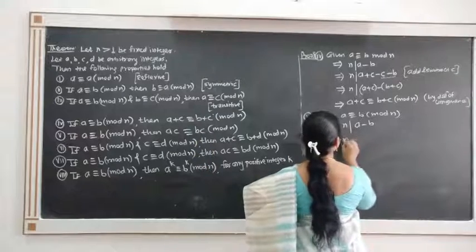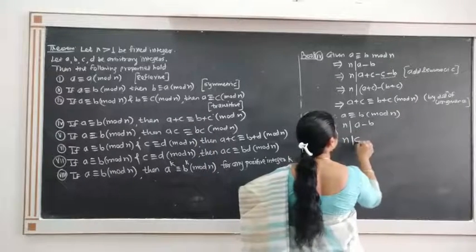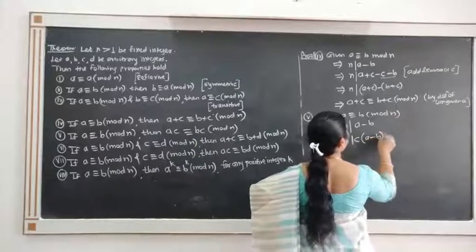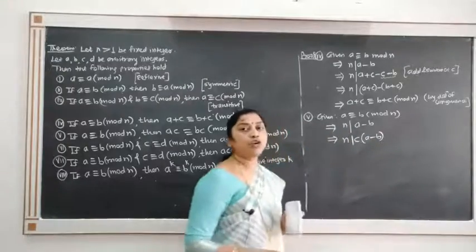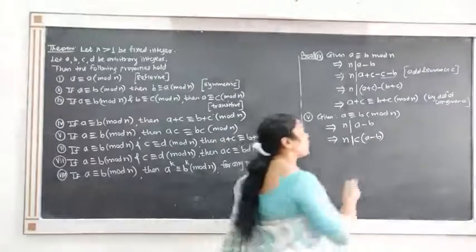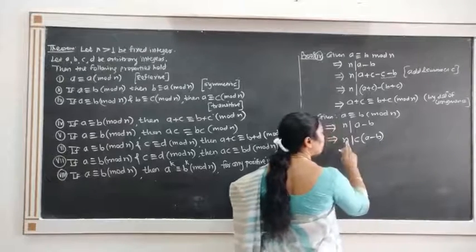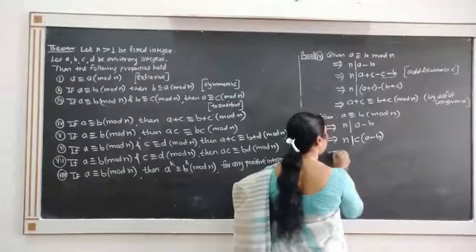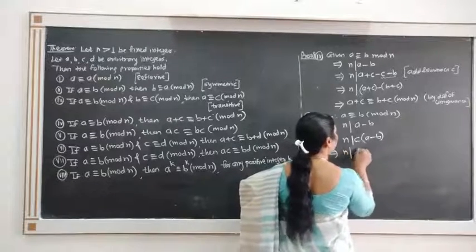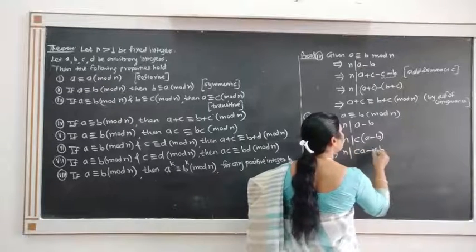So if n divides a minus b, n also divides c into a minus b by property of divisibility. That is, n divides ca minus cb.